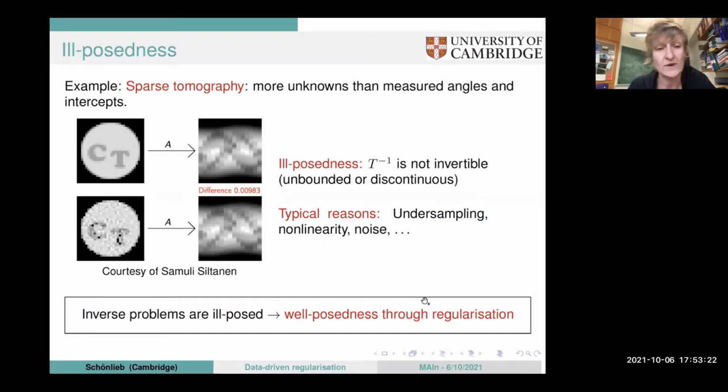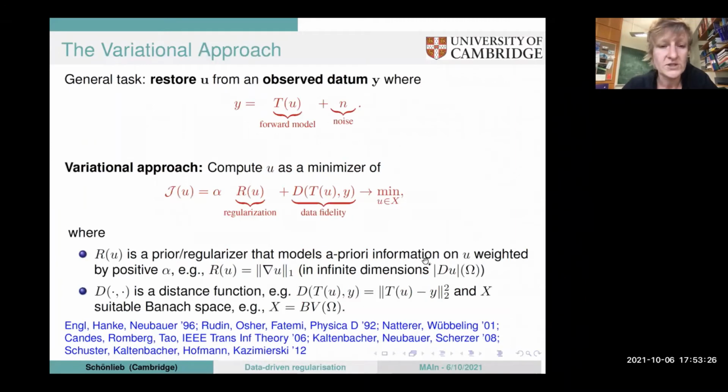And this brings me to regularization, which can come in various forms in inverse problems, but I'm going to focus on the variational regularization approach, where we are phrasing the computation of an approximate solution U to the inverse problem as a minimization problem. So my U is a minimizer of an energy functional, which usually consists of two terms.